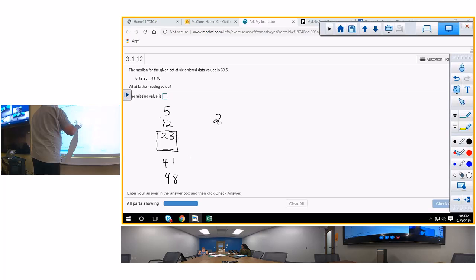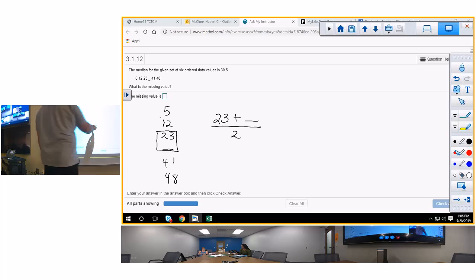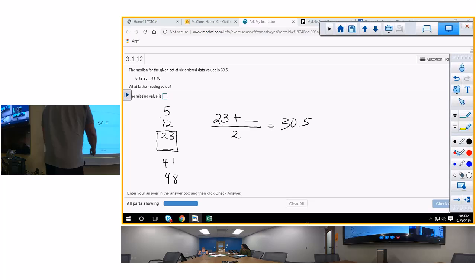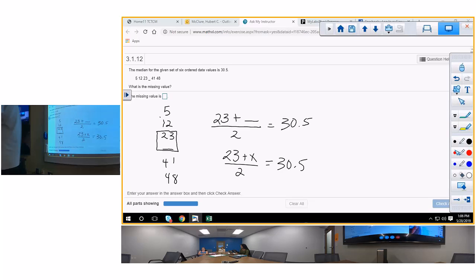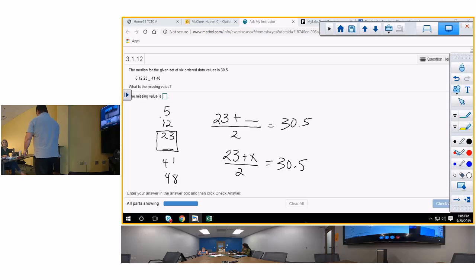So 23 plus blank divided by 2 is equal to what? 30.5. 23 plus x divided by 2 is equal to 30.5. Now finish it. Get rid of the common denominator, so you got to multiply by 2 on both sides.